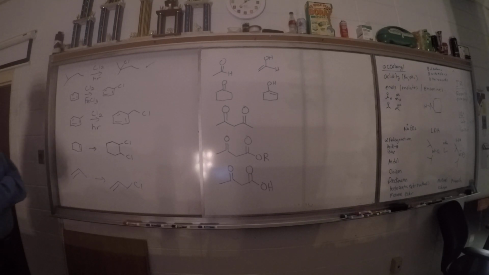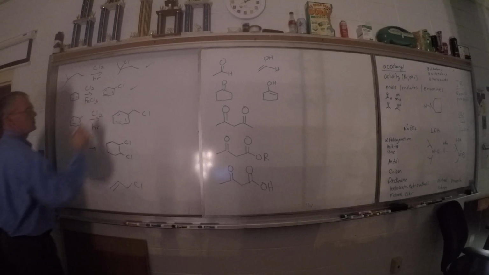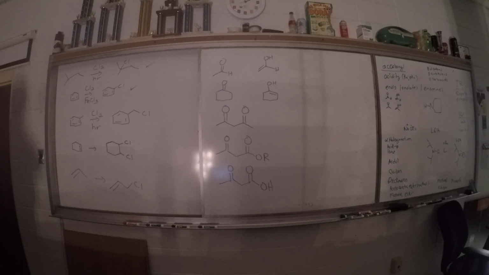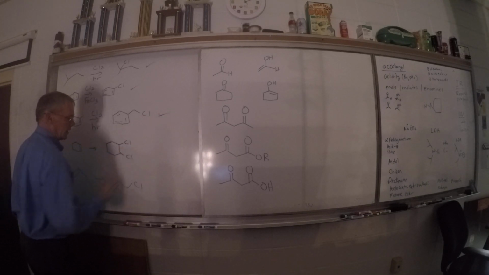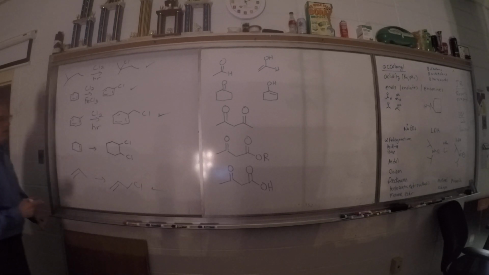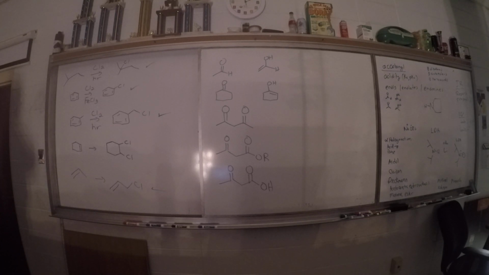Also a review of electrophilic aromatic substitution as a way to prepare aromatic chlorides, bromides, and iodides, not to be confused with benzylic and allylic chlorination, which is again a different set of reagents, mainly chlorine and photons.